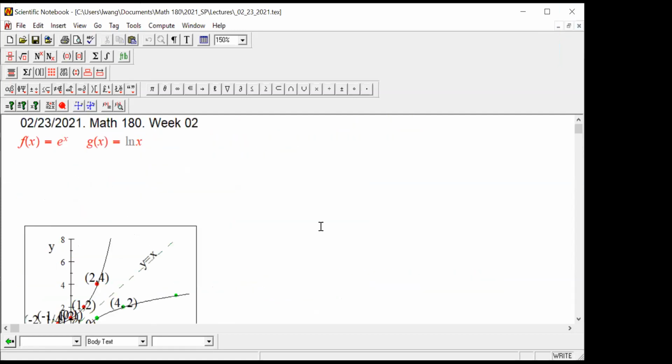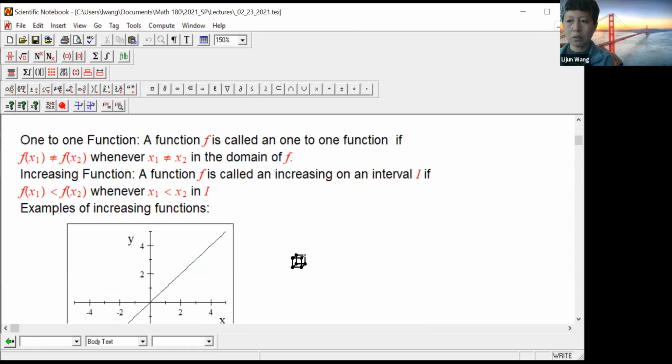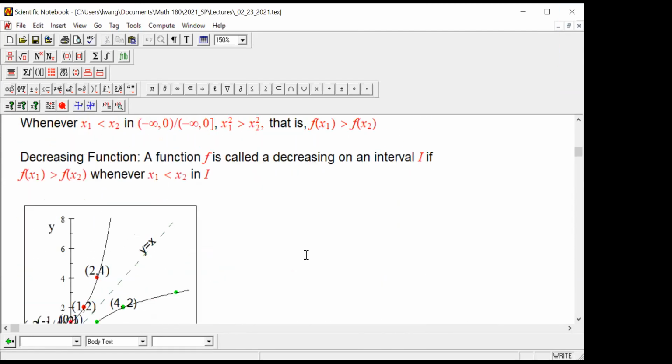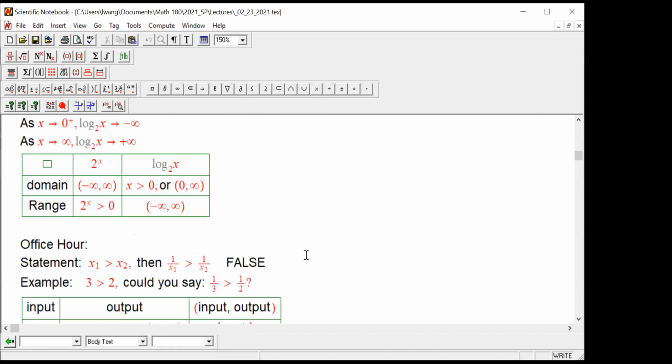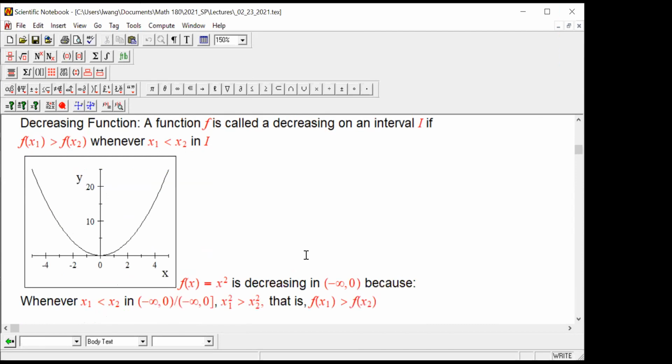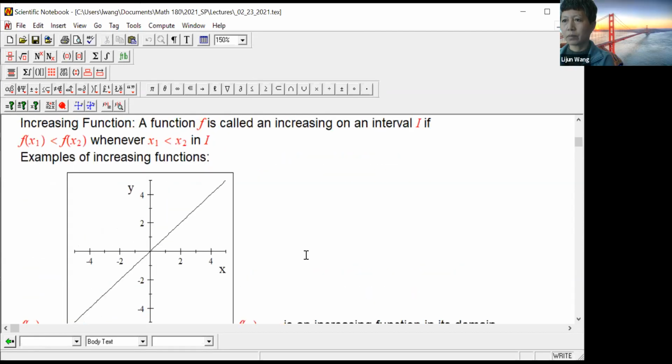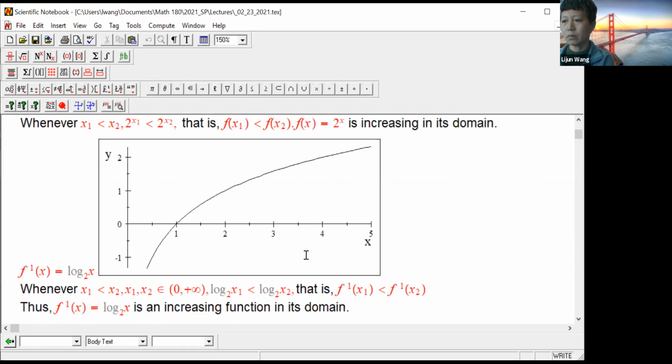Yeah, I'm just confused because we didn't do that for log. And what do you mean we didn't do that for log? Well, we didn't make the claim. We just went straight to whenever. It's right here. Log base 2x is an increasing function in its domain.